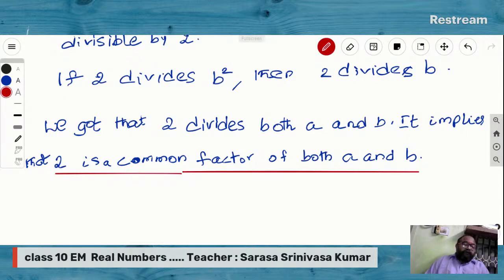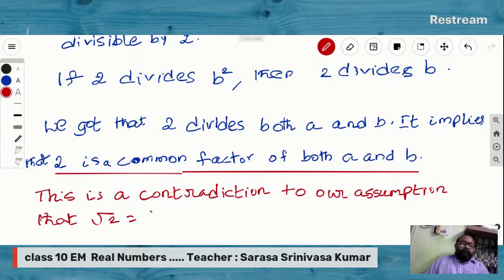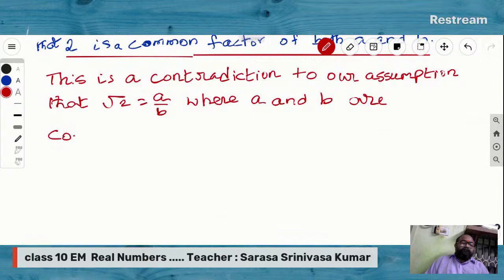This is a contradiction. Contradiction to our assumption that square root of 2 equal to A by B, where A and B are co-primes.